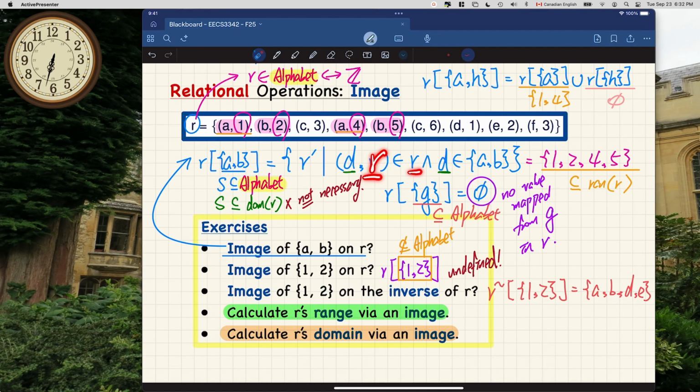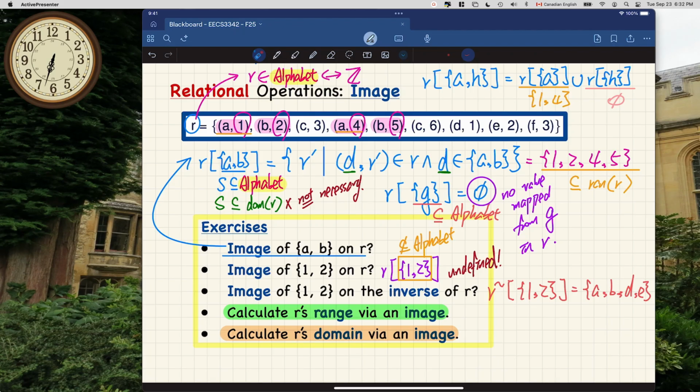I got clashes. It could be, for example, an X. Yeah, exactly. It's more like a dummy variable in some way. You can choose, if you like, X, and then you put X over here. It's definitely fine. It's just a way to make sure you don't choose anything that will clash with the relation name. So the answer is basically just a set of elements. That's correct. It's going to be a set of elements, and this element here must be the second element in the pair, right? Good.